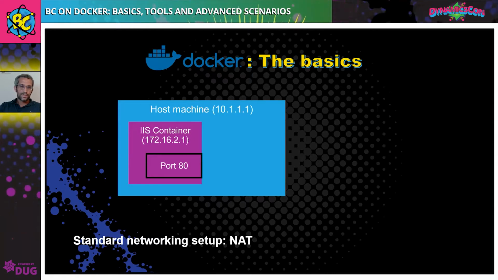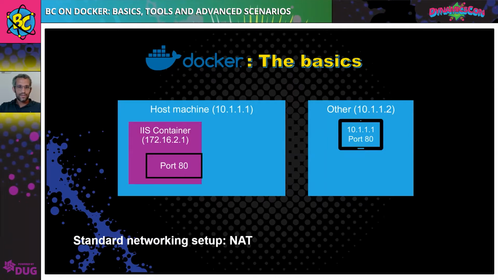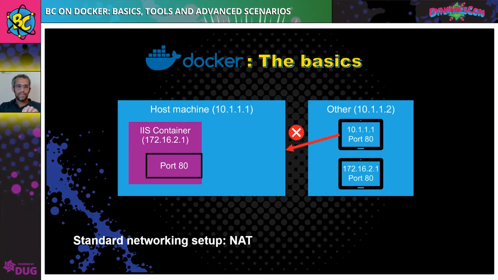But it gets more interesting if we have a different machine and that one tries to connect. It can't connect to 10.1.1.1 port 80 because nothing is listening there. It's still inside of the container. And at the same time, it can't use the internal IP address of the container because the second machine has no way of knowing where that is or making a connection there.